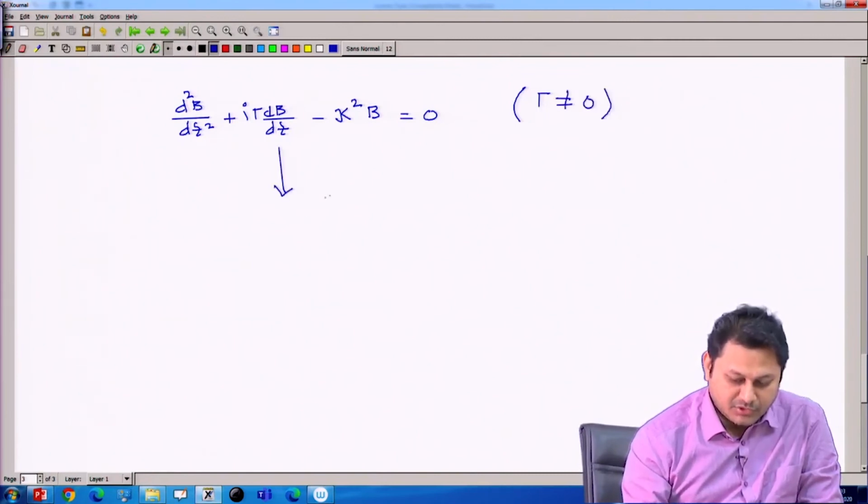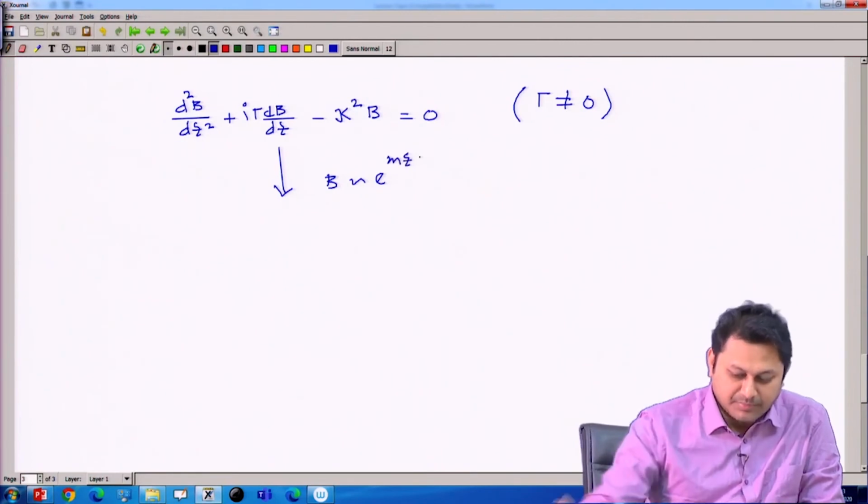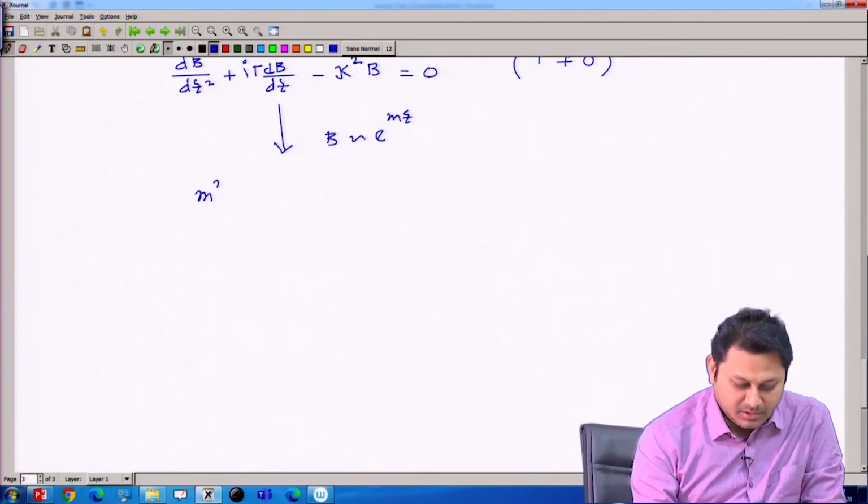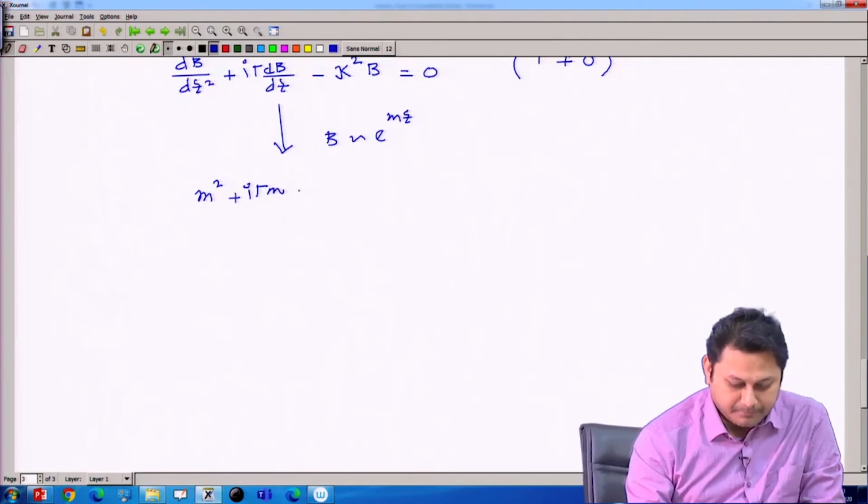Now, I should use this technique: I want to have a solution of the form e to the power of mz. Then the differential equation should be m square plus i gamma m minus kappa square equal to 0.